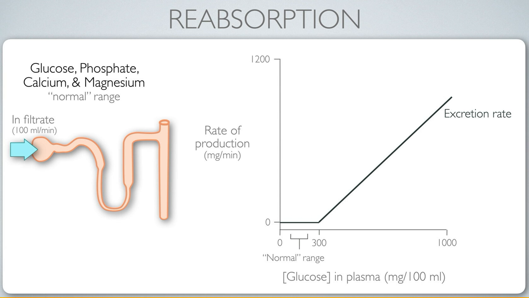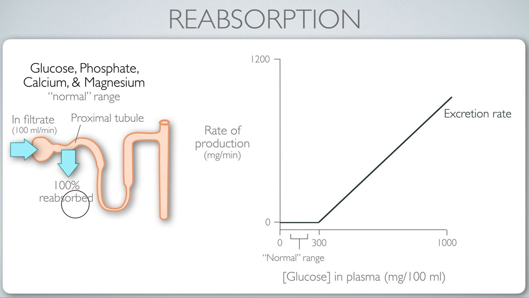And in a region called the proximal tubule, which we haven't talked about yet, are the pumps for reabsorption. Okay, so we did talk about the distal tubule. That's over here. That's the part of the nephron right before the collecting duct. This is the proximal tubule, and a lot of reabsorption occurs in that region.